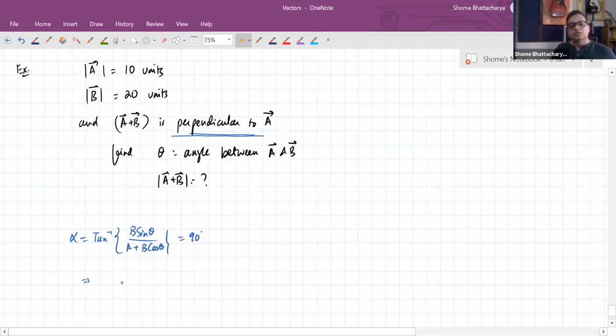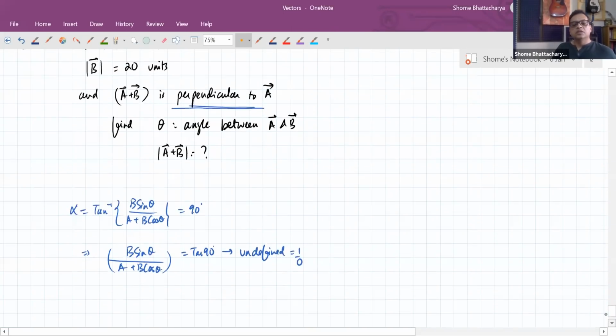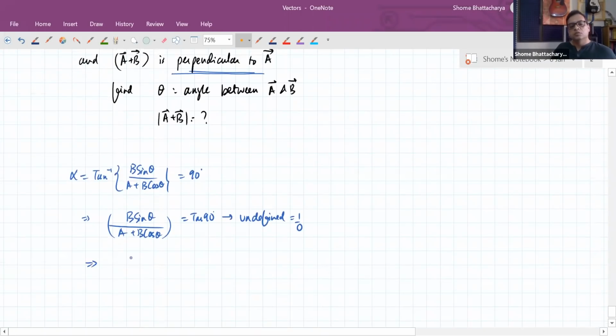So that means B sine theta upon A plus B cos theta should be tan 90, which is an undefined quantity. So the denominator should be 0, because this whole fraction is undefined. So A plus B cos theta should be 0. So this tells us that cos theta should be equal to minus A by B.